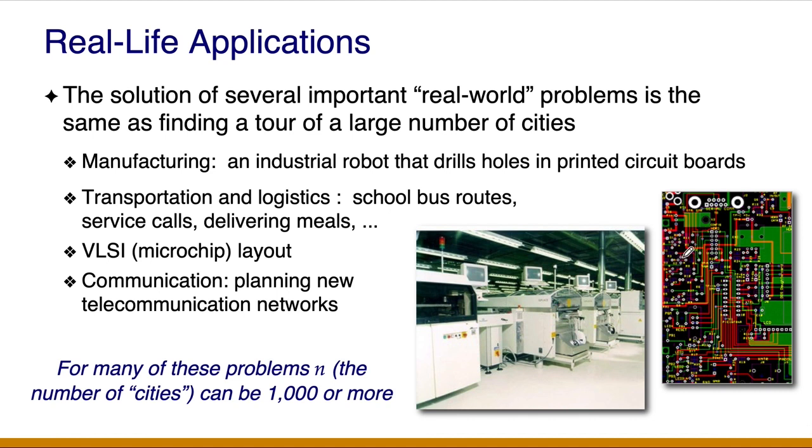Basically, the sequence in which the holes should be drilled represents the sequence in which the cities need to be visited. If the sequence is designed poorly, then it basically means that your machine is spending time traveling across the board unnecessarily, right?